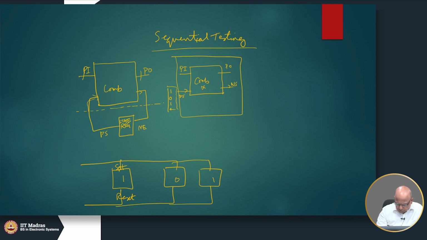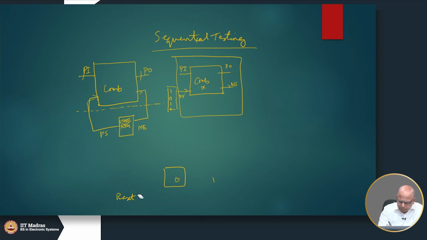So, as a result, you may want to go back and say, okay, I am going to assume that I can put 1011 here, right. And then you can work backwards and say, how do I put 1011 here? Okay.